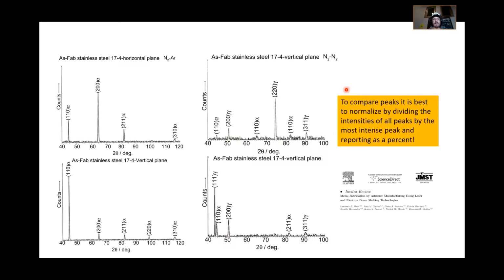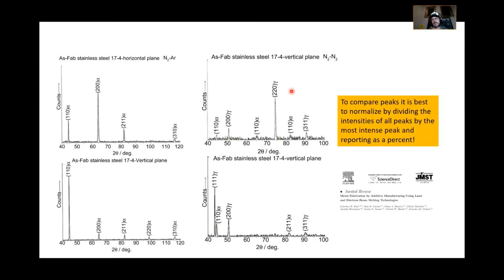Reporting the absolute intensity is kind of goofy, and you can see they just reported counts. There is a lot of machine-to-machine variability. Some people do their work with copper K alpha. Some people do their work with cobalt K alpha. So it's better to report your data relative to itself, if you will.